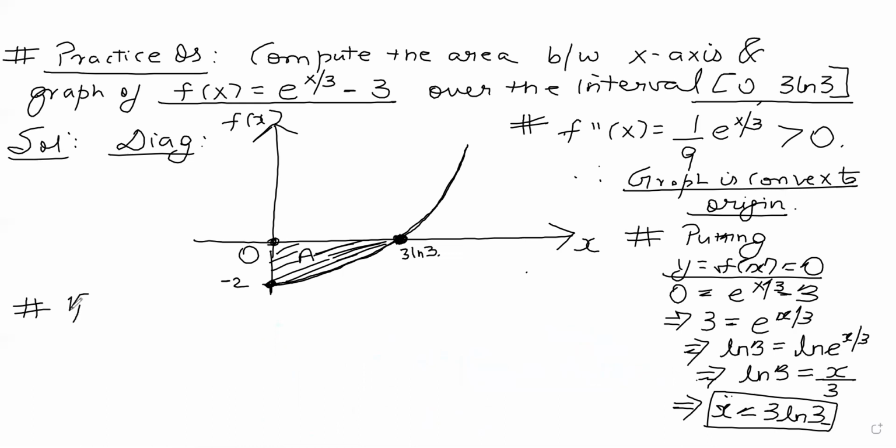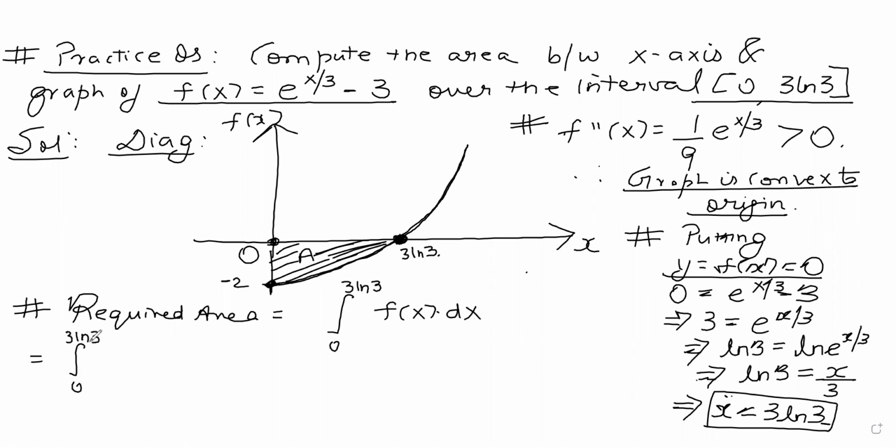So I can say required area is given by integral from 0 to 3 ln 3 small f of x dx, which is integral from 0 to 3 ln 3 of e to the power x by 3 minus 3 times dx.